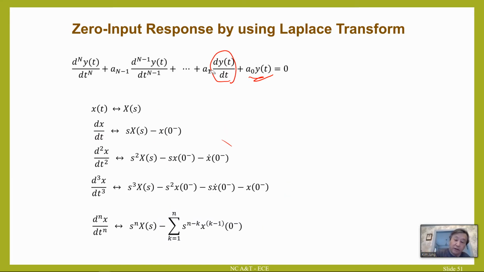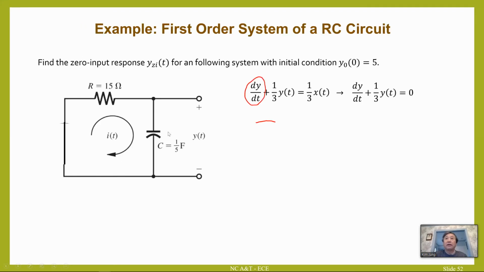This is first order. This initial condition is given, and it is 5, so we're going to plug in 5.